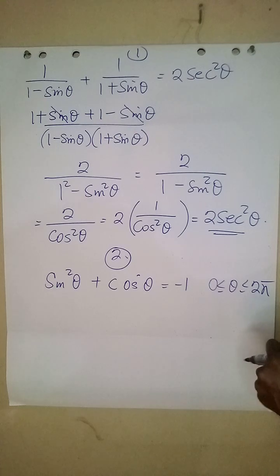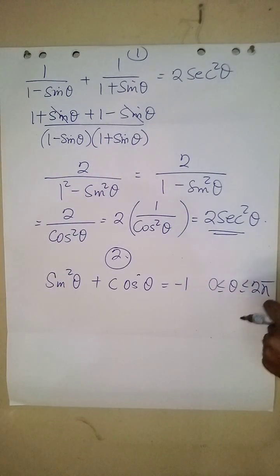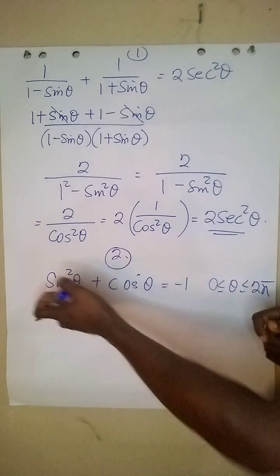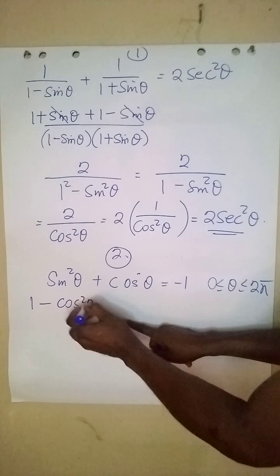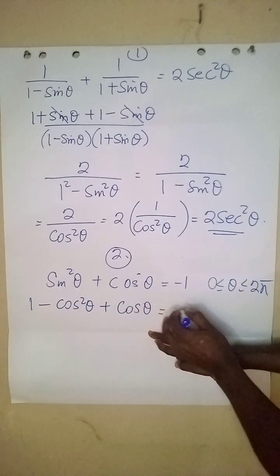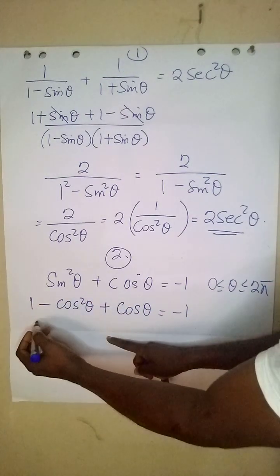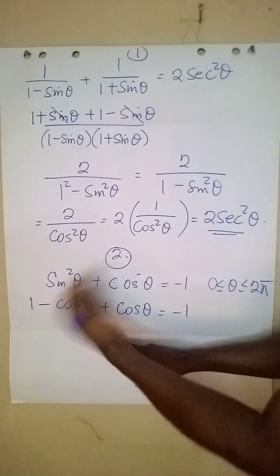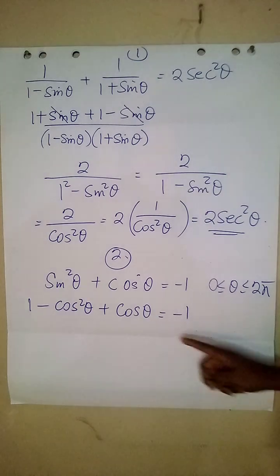The first thing that we'll do to help us, remember that this sine squared theta can be written as 1 minus cos squared theta. So we can rewrite this as 1 minus cos squared theta plus cos theta minus 1. We can arrange this properly, or kind of move everything to the right hand side.